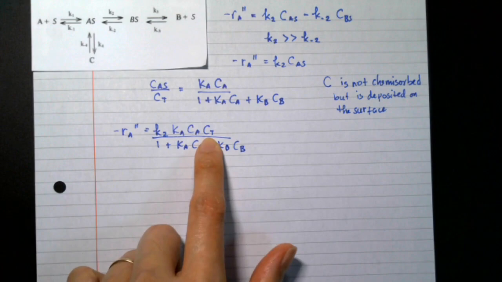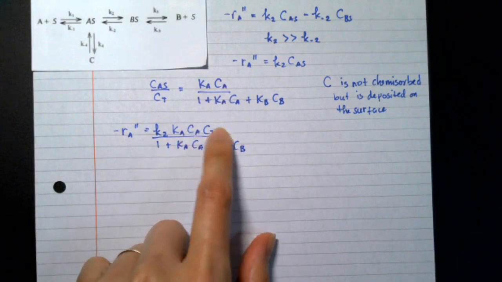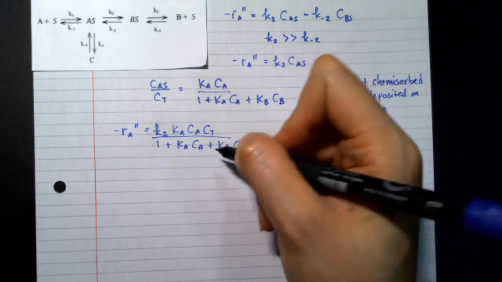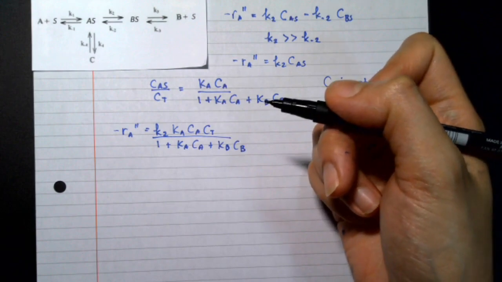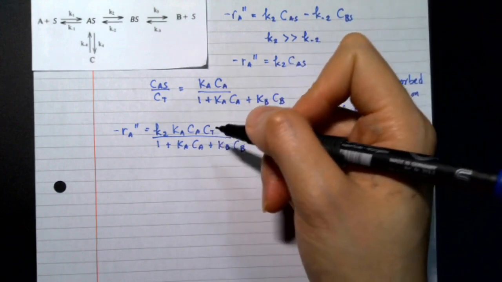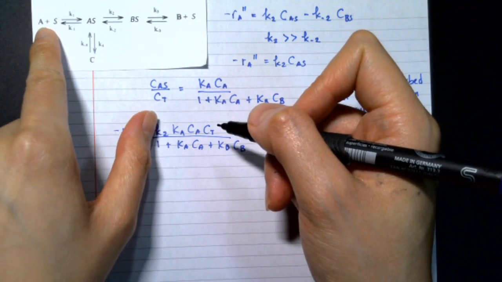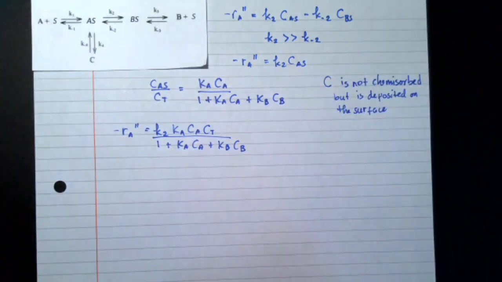Okay, so we are not done yet. We need to express CT as a function of time. And also CT depends on the concentration of A and B.